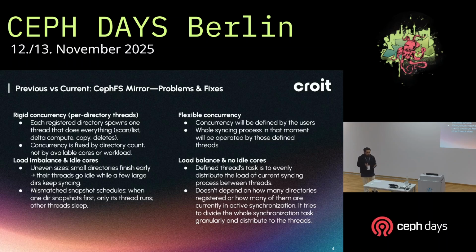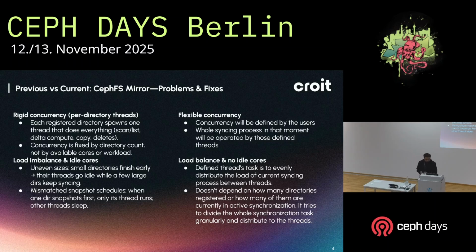So the user can decide how many threads to use for file mirroring, how many threads to use for directory scanning, and so on and so forth. The result is better load balancing between the threads and no idle cores.